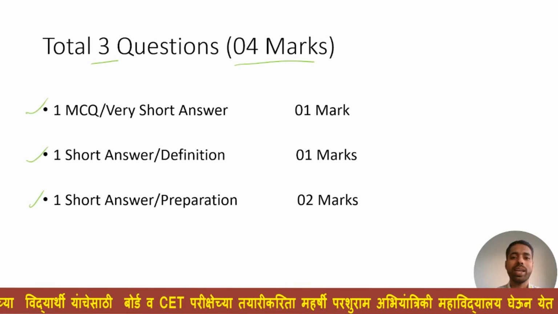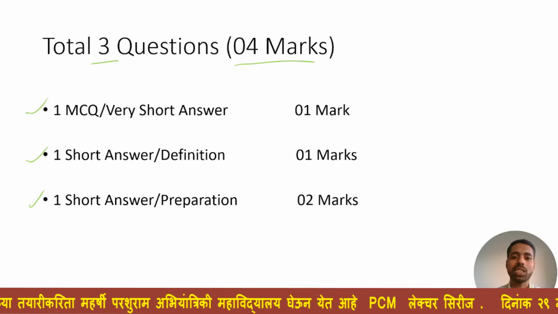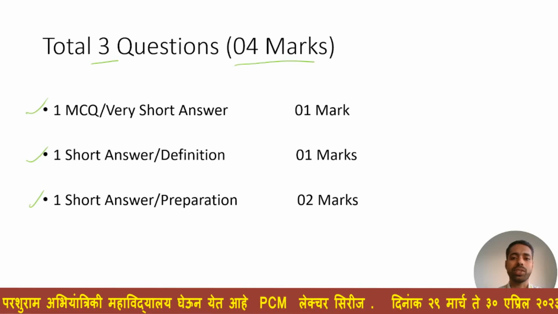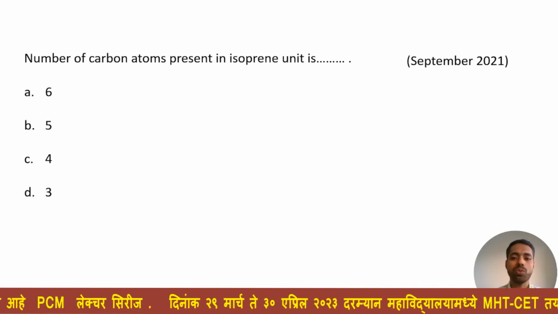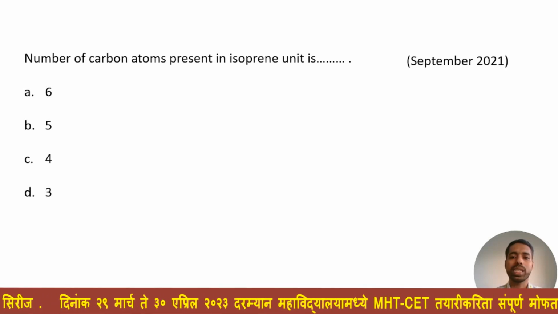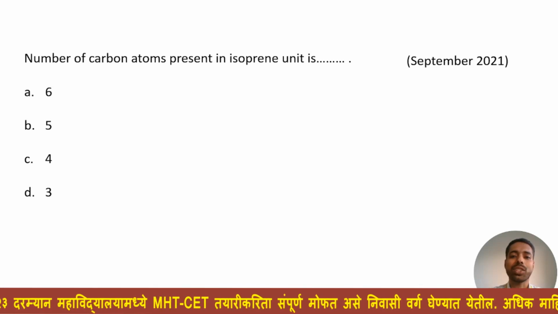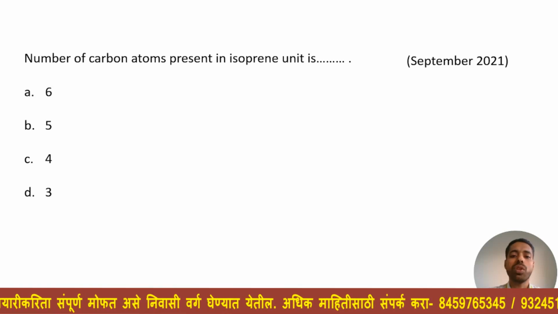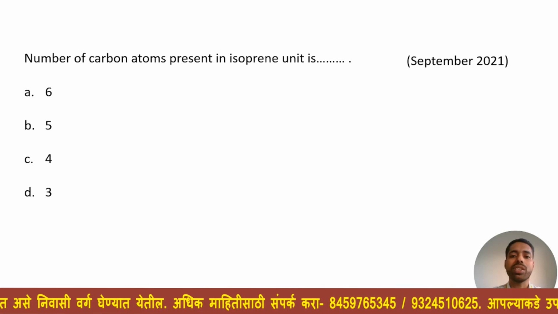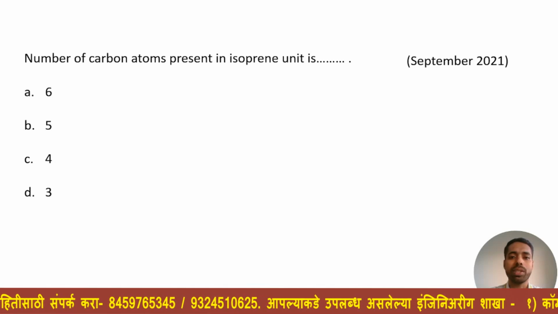So let's go ahead and see some questions which were asked previously in the board examination. Here is one MCQ which was asked in September 2021. Number of carbon atoms present in isoprene unit is. Now if you remember, the isoprene is nothing but the natural rubber.